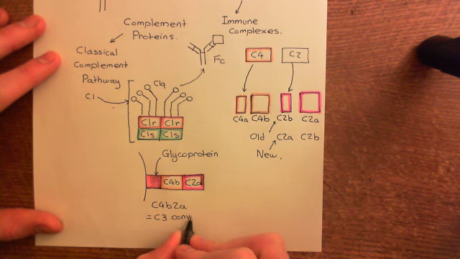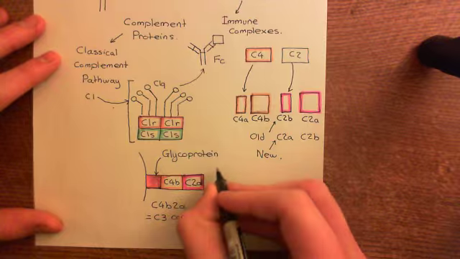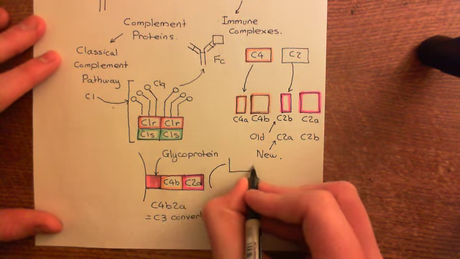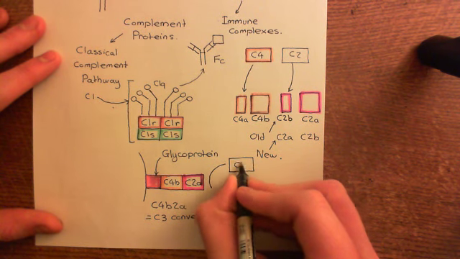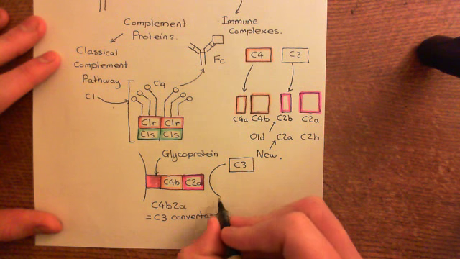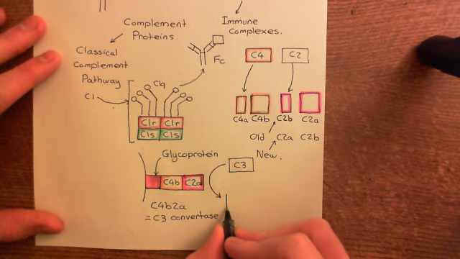So it's now an active enzyme, and it's going to work on the complement protein C3, which has also come in the inflammatory exudate. So you have a huge amount of C3 in the interstitial fluid. Okay? And this is now going to be broken down into two components.